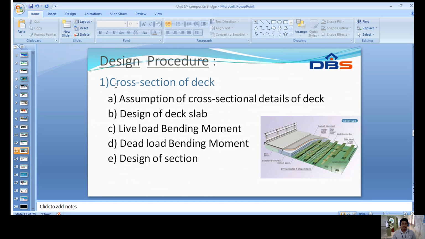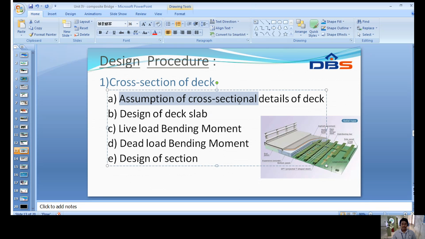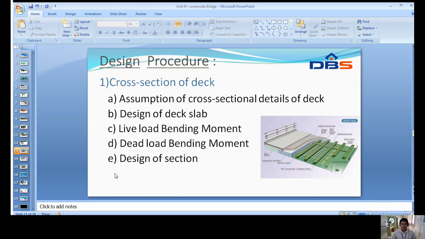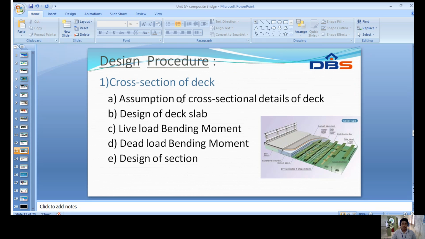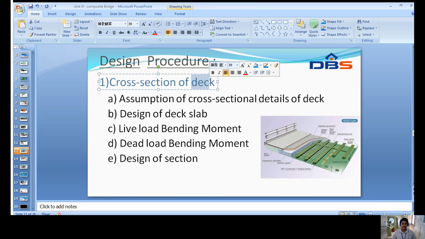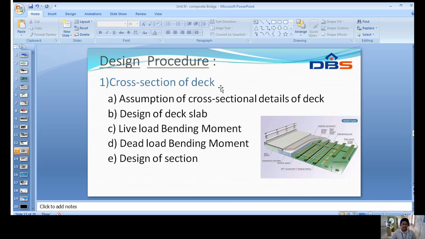It contains points like assumption of cross-sectional details of the deck, design of the deck slab, live load bending moment, dead load bending moment, and design of the section. Next, design of steel plate girders. Before that, we have to design two things, the deck and the girder.